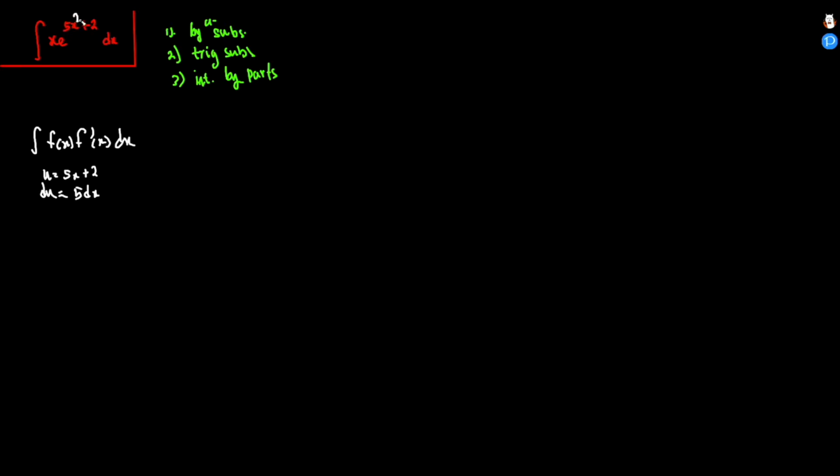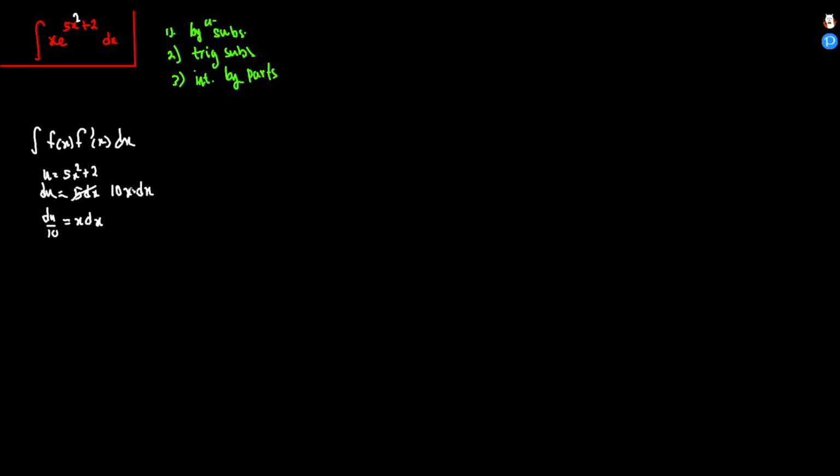For example, if this was 5x squared, then du would be 10x dx, then du over 10 equals x dx, and we could have just substituted du in here, and we'd be off to the races.